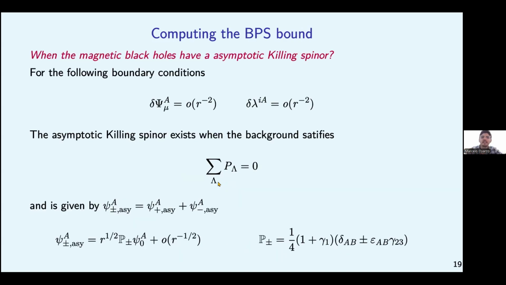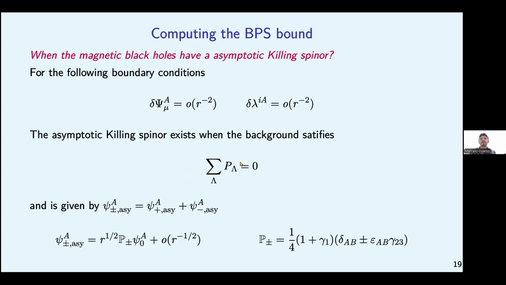What we do now is try to connect with the BPS configurations. So for that, one can ask when there is an asymptotic Killing spinor. And the answer is that indeed you can have an asymptotic Killing spinor if and only if your background satisfies the topological twist condition.